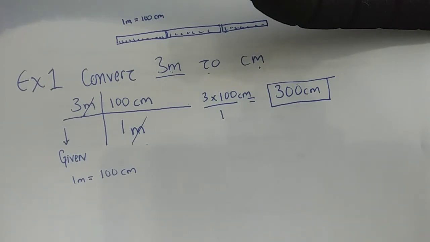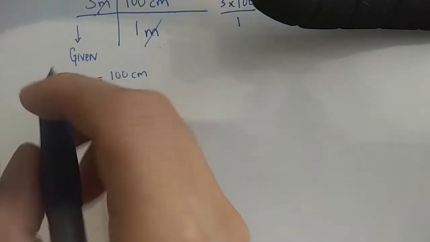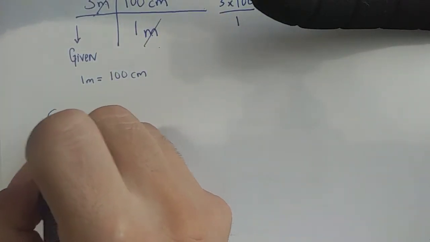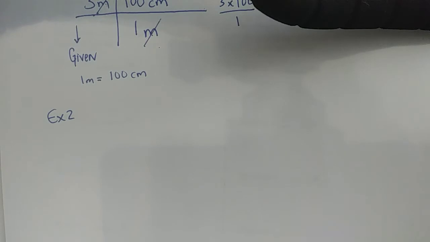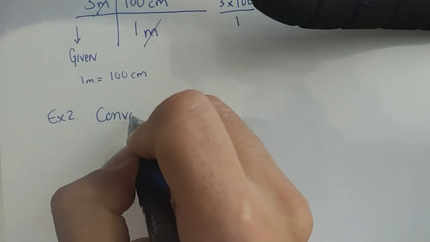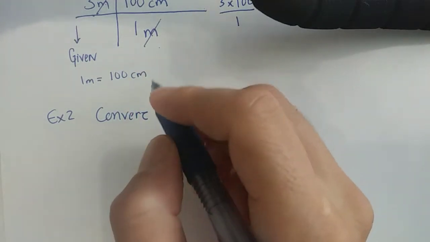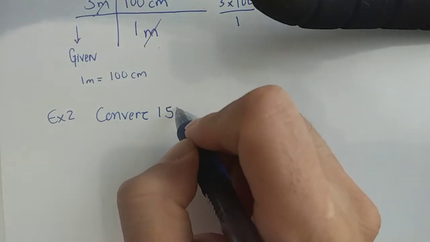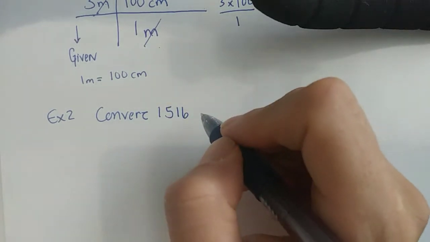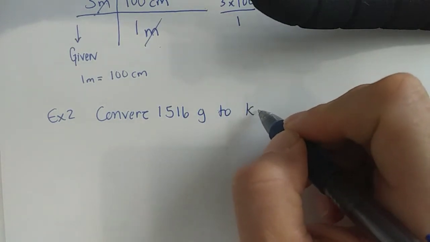So, let's do number 2. Let's see, we're going to convert 1,516 grams to kilograms.